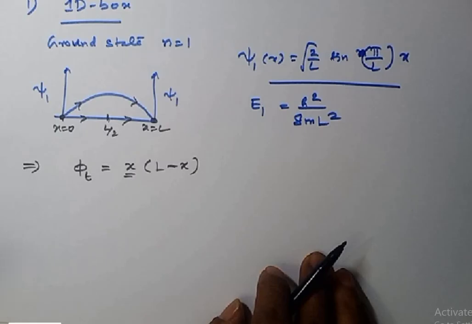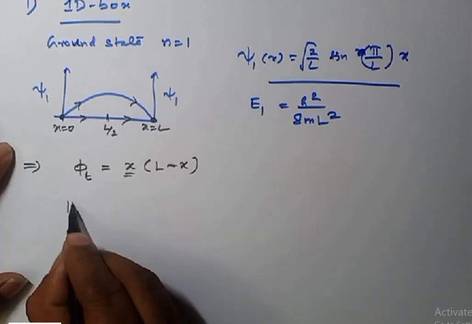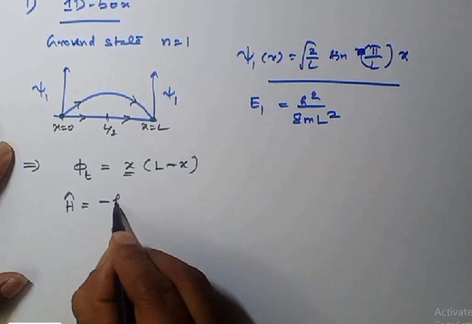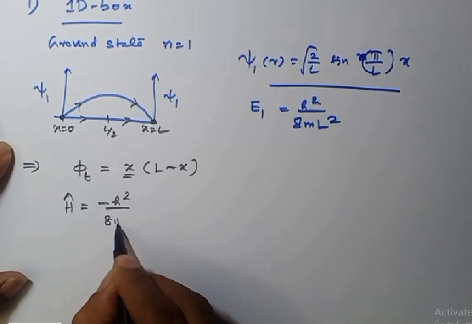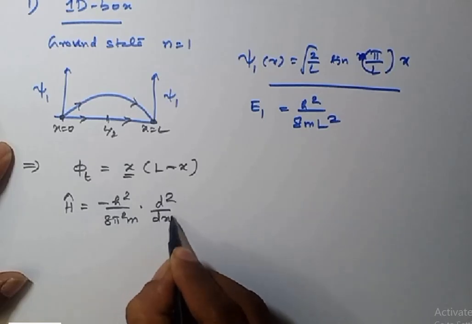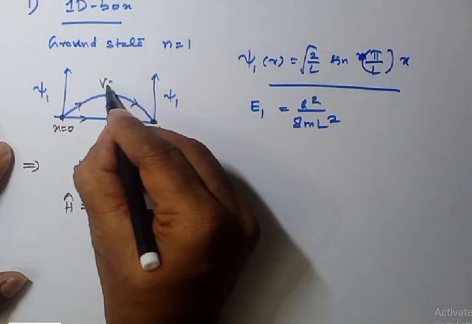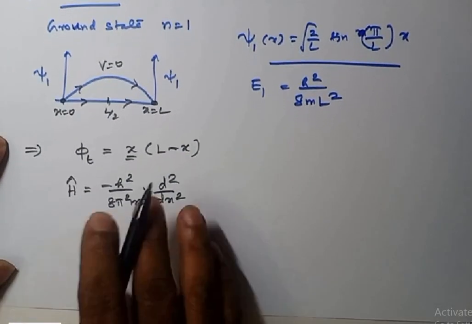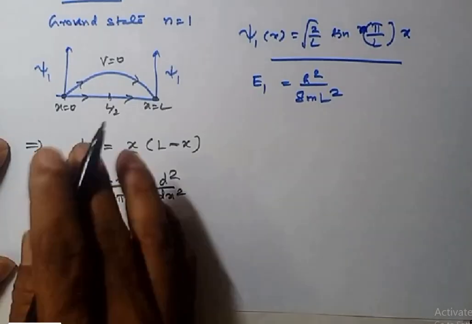So this is the trial wave function, and we know the Hamiltonian operator. The Hamiltonian operator for a particle in a 1D box is minus h square by 8 pi square m d square by dx square. This is the kinetic energy, and we assume that the potential energy inside the box is 0. So this is the Hamiltonian. Now we'll use this in the variation method.